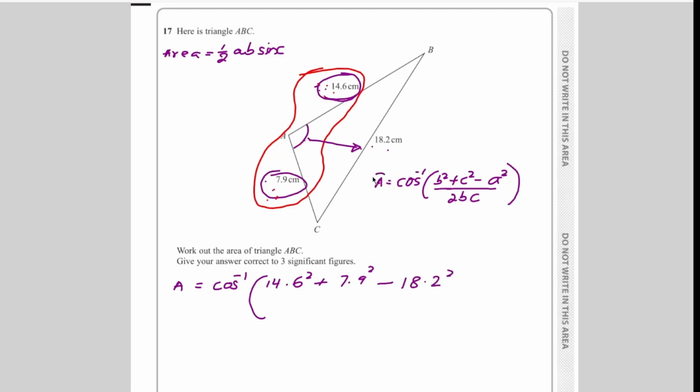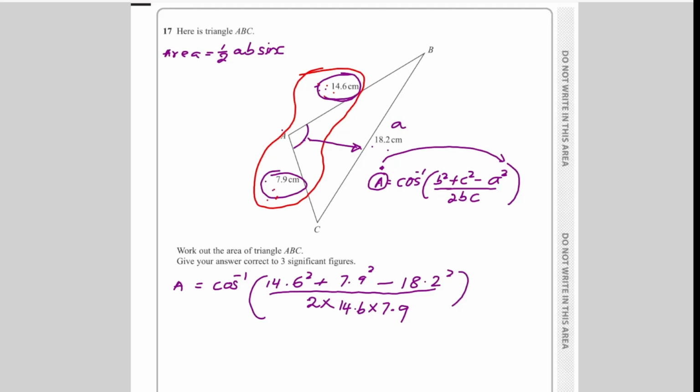Remember it in this way, this is the angle which we need to get, A. Then simply A is the side which is opposite to that one. Here A, then this one has to be over 2 times B into C, 14.6 into 7.9. Here B squared, C squared, B into C.